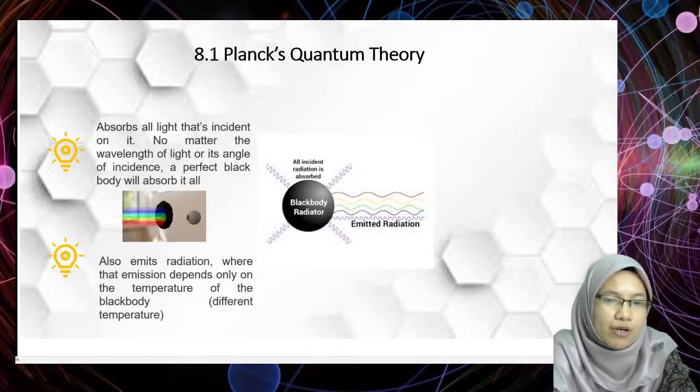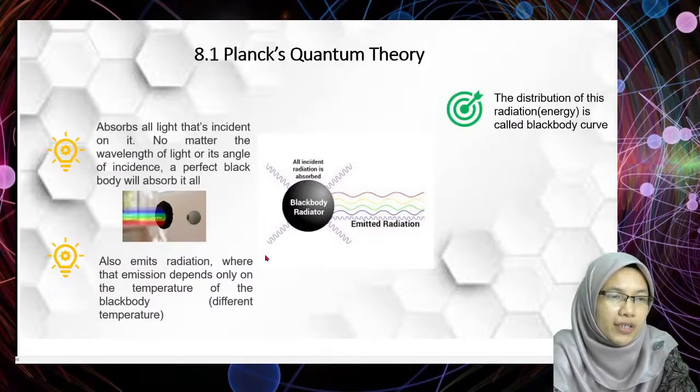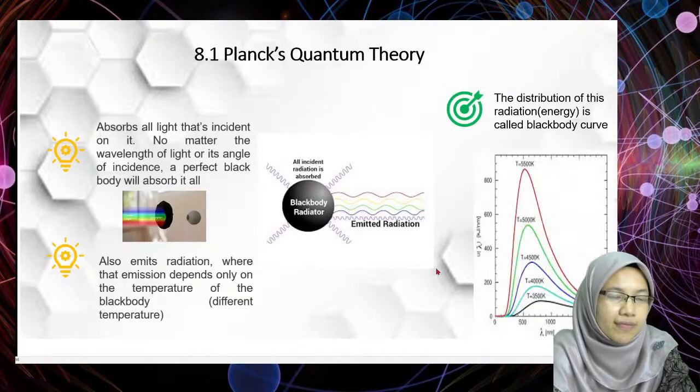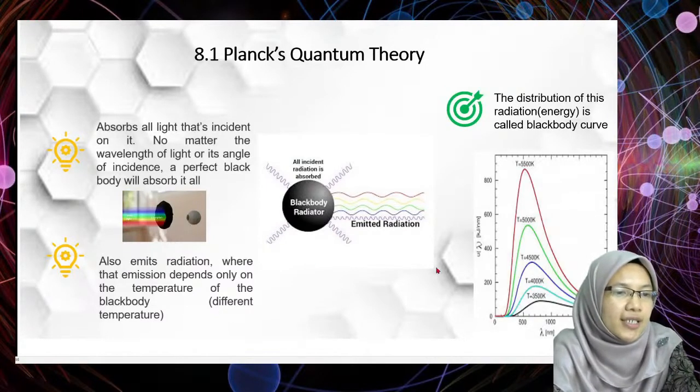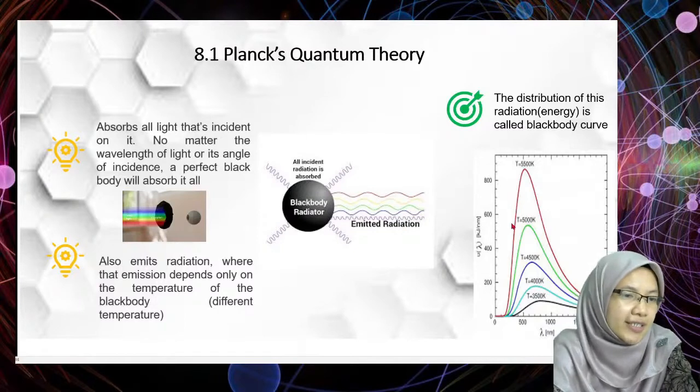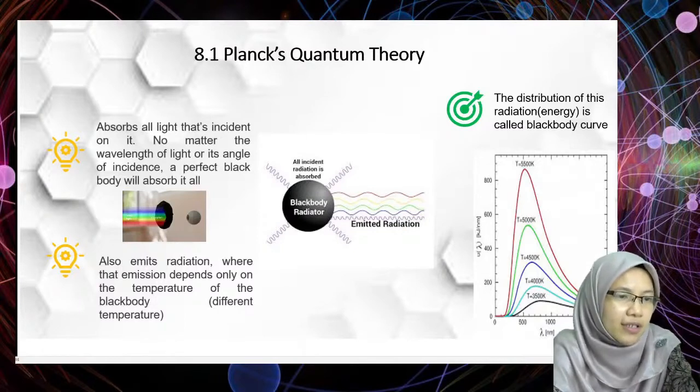The distribution of this emission of the black body is known as the black body curve. Okay, class, did you notice in this graph, a different curve occurs at a different temperature.